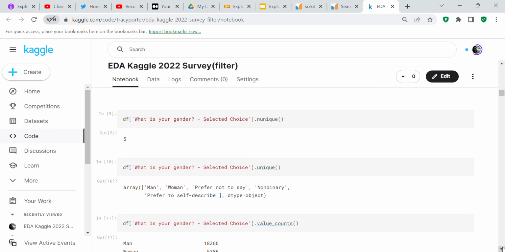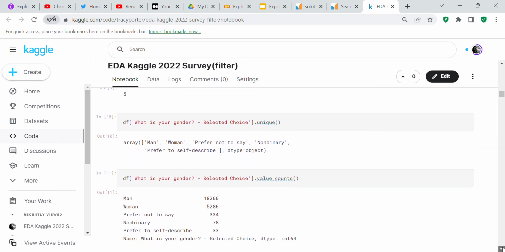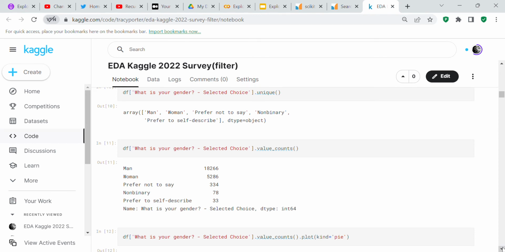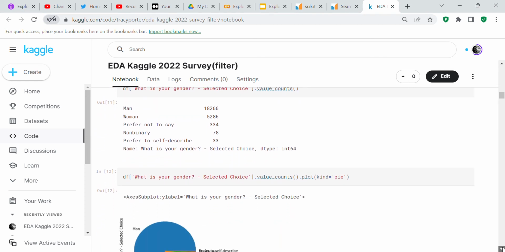What is your gender? There are 5 unique values for gender: man, woman, prefer not to say, non-binary, and prefer to self-describe. We did the value counts, and it was mainly men that responded, then women, then prefer not to say, non-binary, and prefer to self-describe.